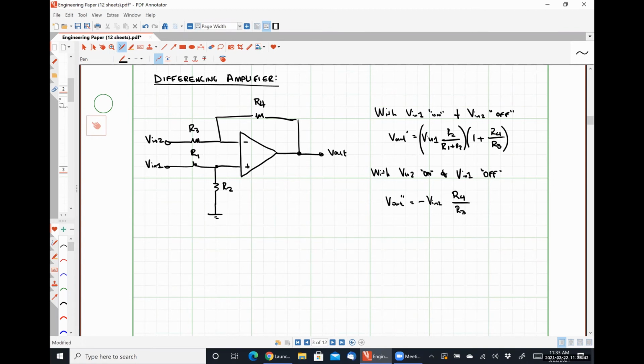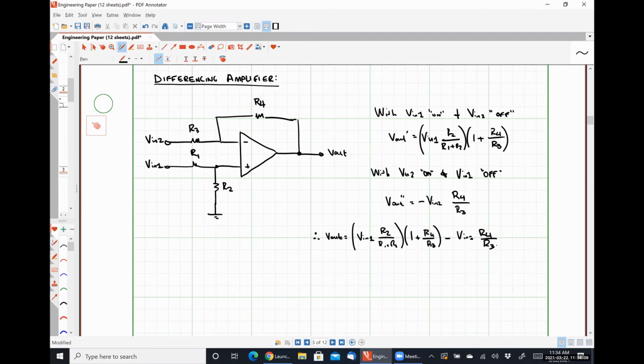When we put all of this together, Vout is equal to VN1 R2 over R1 plus R2 times 1 plus R4 over R3 minus VN2 R4 over R3.